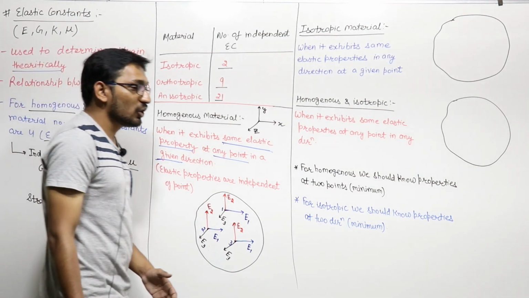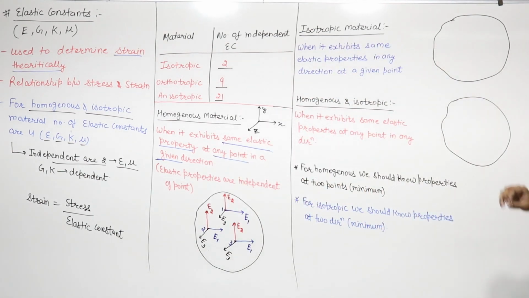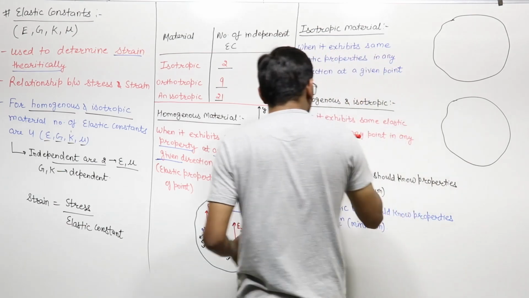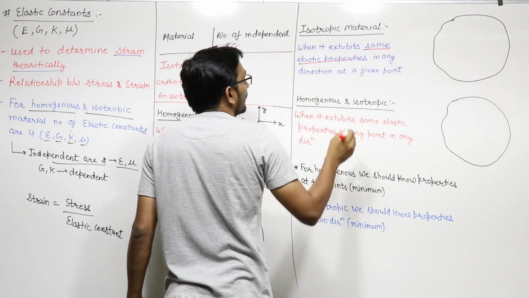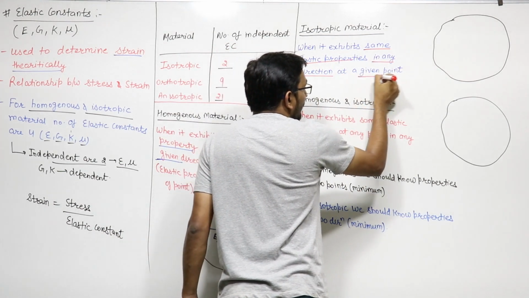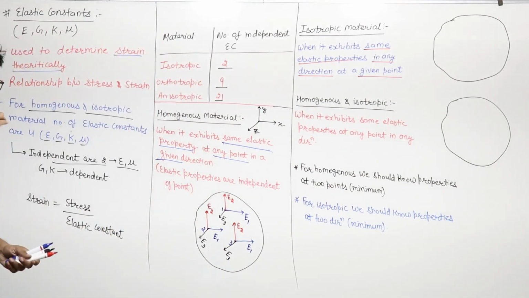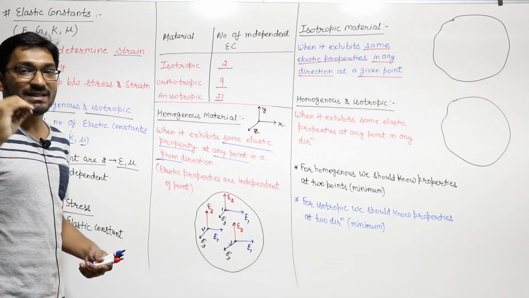Next is your isotropic material. We can say that a material is said to be an isotropic material when it exhibits same elastic properties in any direction at a given point, right? At a given point in any direction the property value will be same.